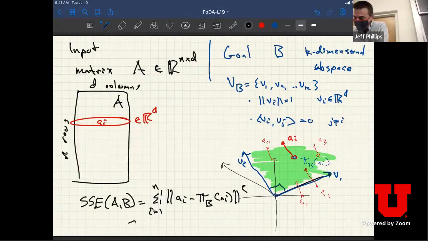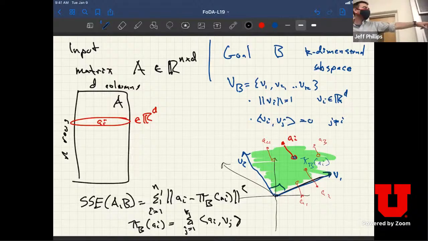And remember, we can write the projection onto B of A_i as the sum from j equals 1 up to k of the dot product A_i dot Vj. That gives me just a scalar value, and I want to multiply it by Vj.